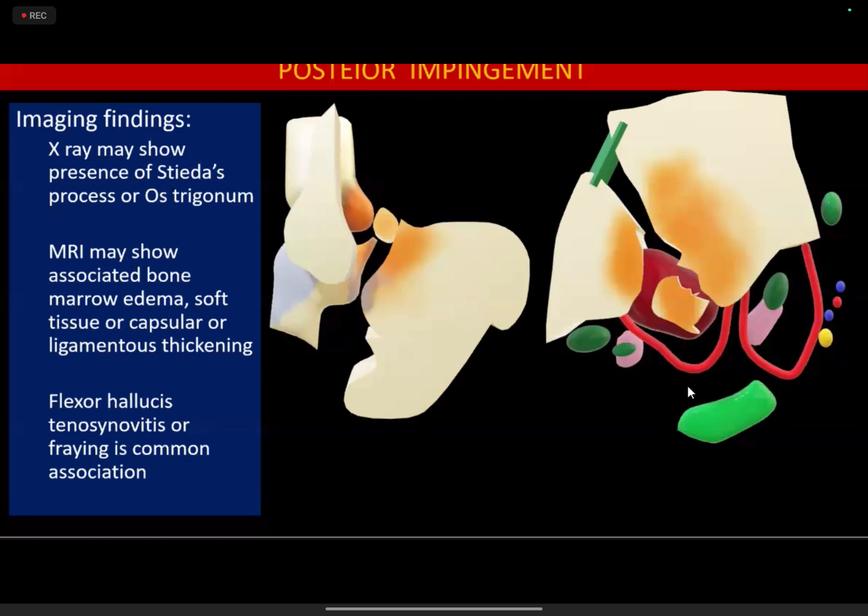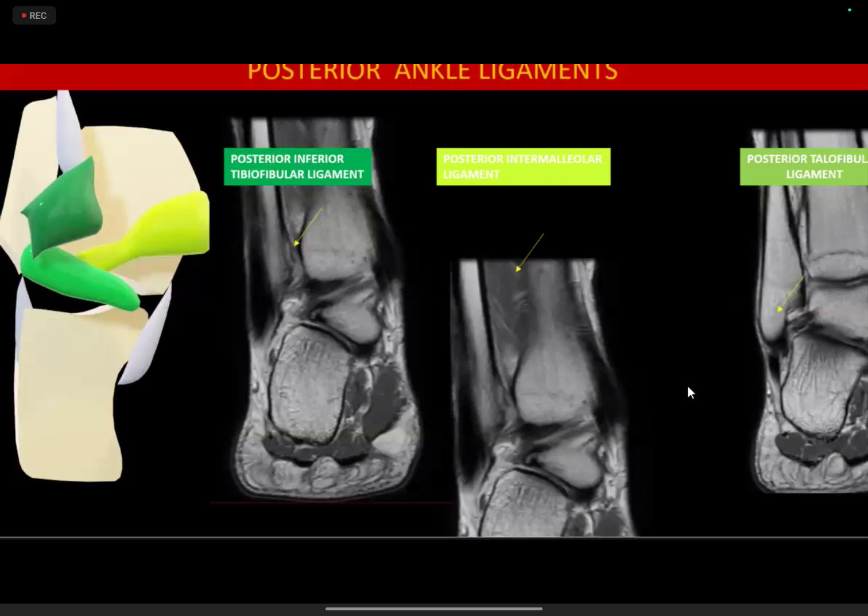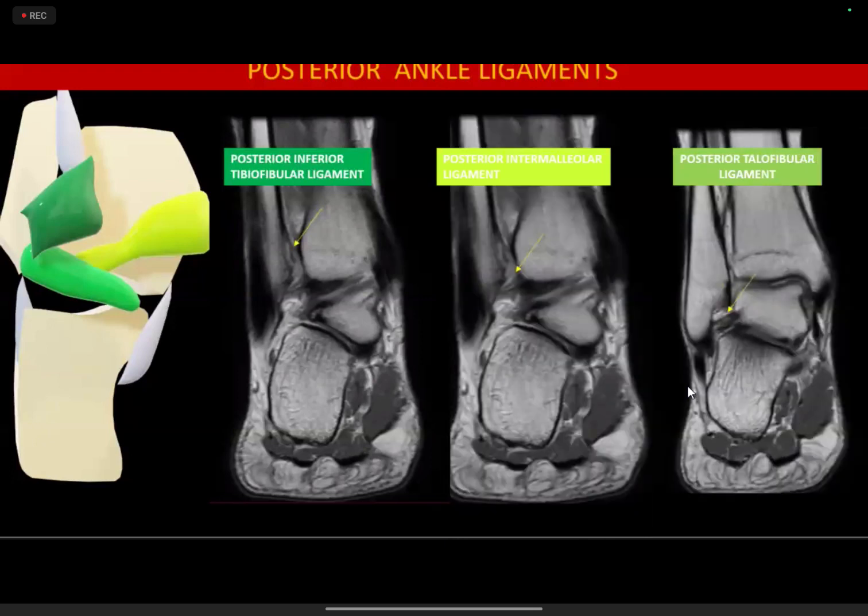Also, there is injury to the posterior ankle ligaments when we are talking about posterior impingement. So, a word about the posterior ankle ligament anatomy. There are three important ligaments: the posterior inferior tibiofibular ligament, the posterior intermalleolar ligament, and the posterior talofibular ligament.